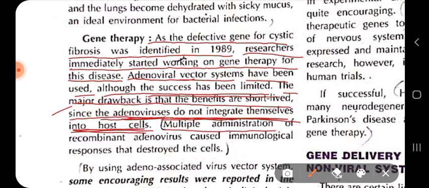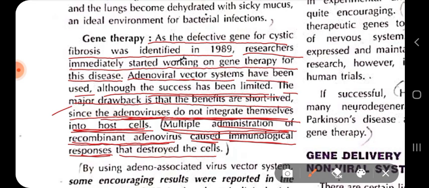Multiple administration of recombinant adenovirus caused immunological response that destroys the cells. This is another problem. So as adenovirus is a outer vector, it is a virus, it is a antigenic part, it is a foreign body. So due to multiple administration of recombinant adenovirus, it cause immunological response which will destroy the cell.